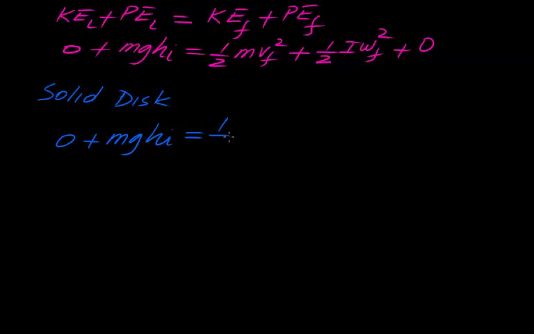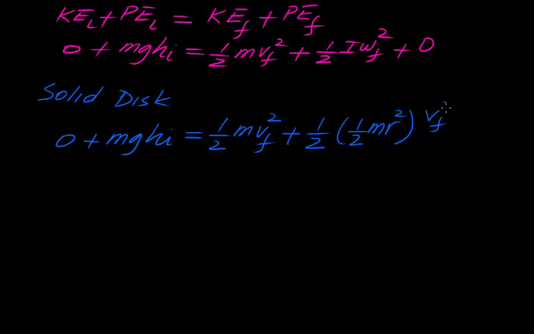The kinetic energy is in two forms: translational, which is 1/2 mv final squared, plus the rotational, which is 1/2 times the moment of inertia for the solid disk, which is 1/2 mr squared, times the angular velocity final squared, which equals the speed final squared divided by the radius of the solid disk squared, plus 0 potential at the bottom of the incline.